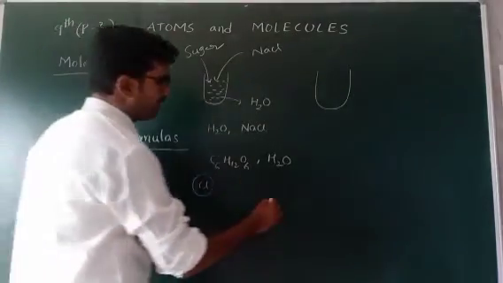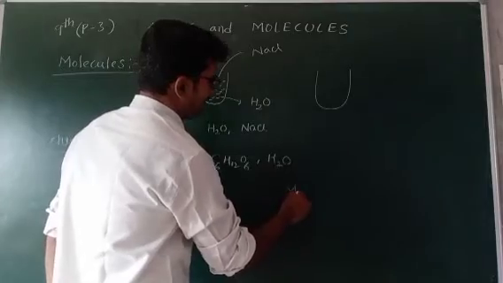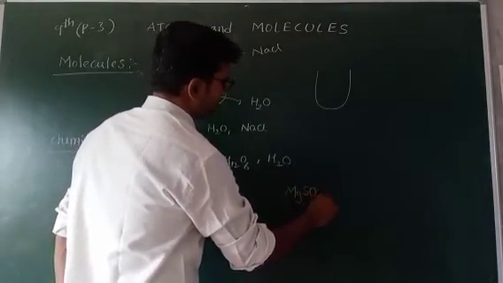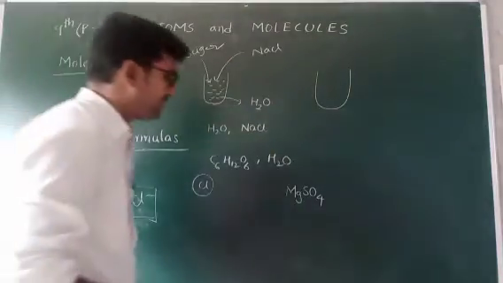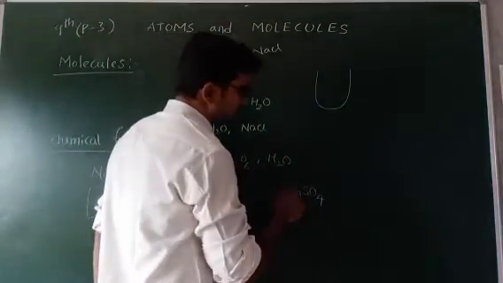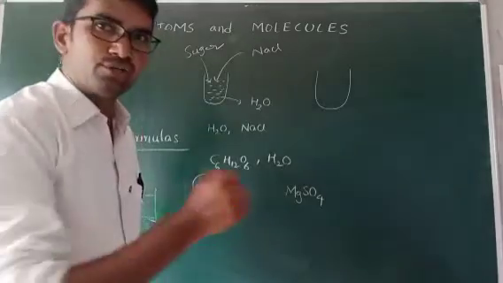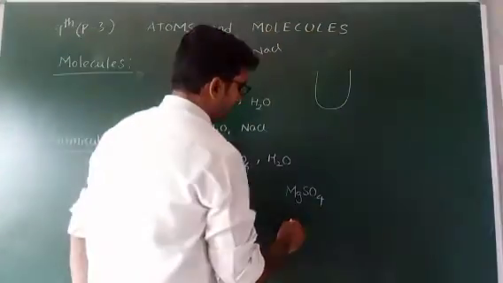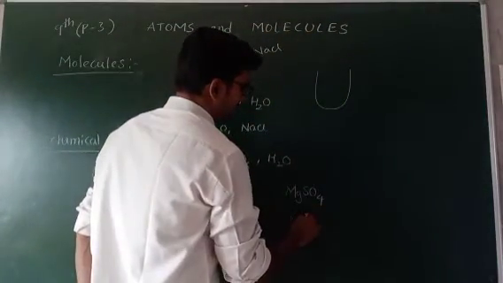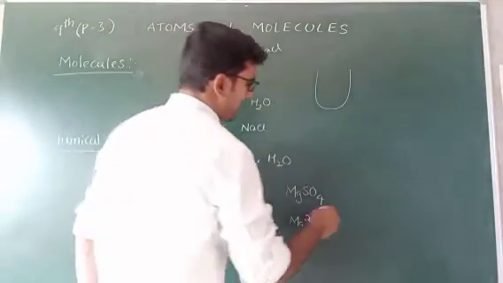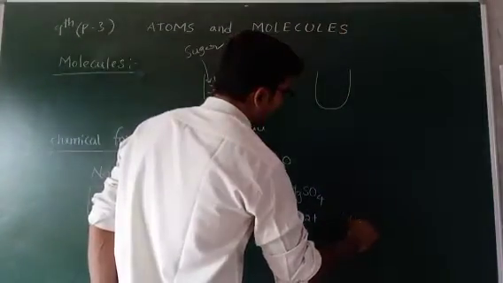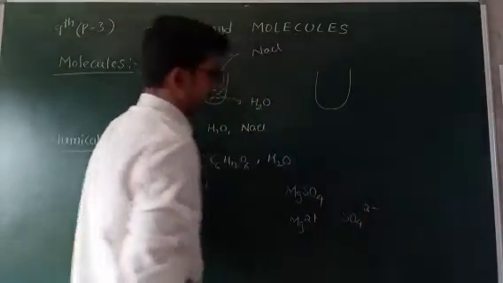Similarly, one more example. For example, MgSO4. What is the name of MgSO4? MgSO4 is magnesium sulfate. How do you call it like this? Very simple. Mg comes from the Mg2 plus radical or Mg2 plus ion. SO4 comes from the SO4 2 minus ion.